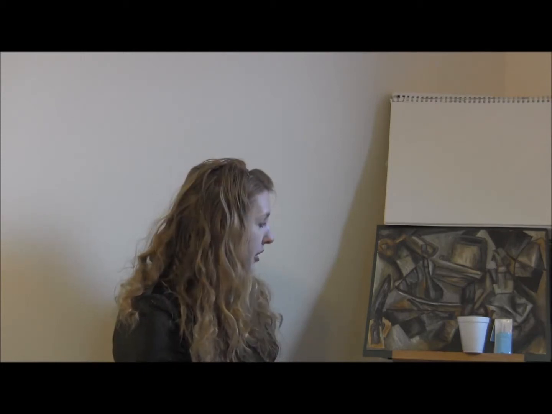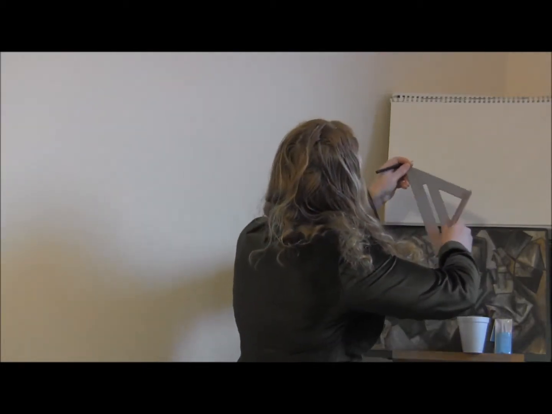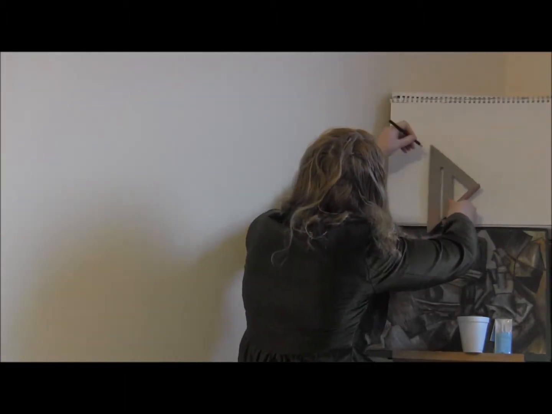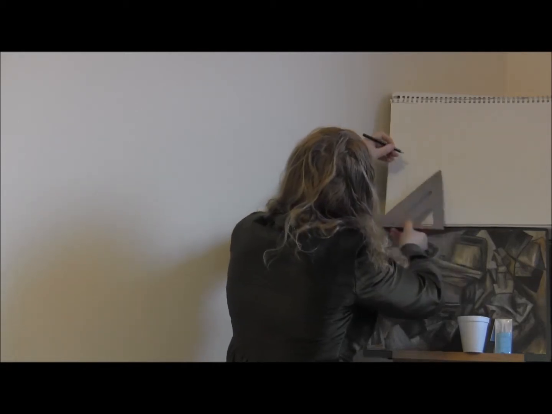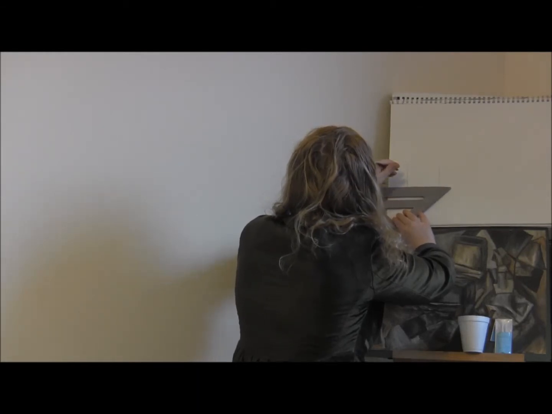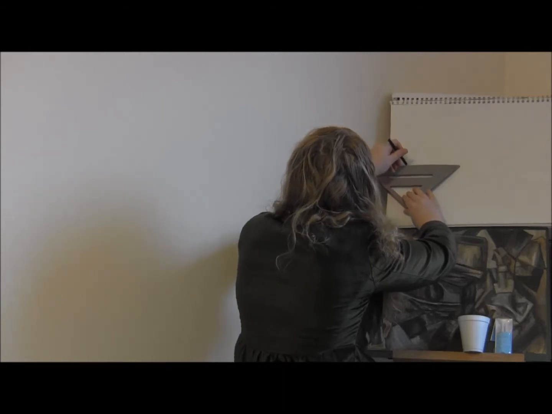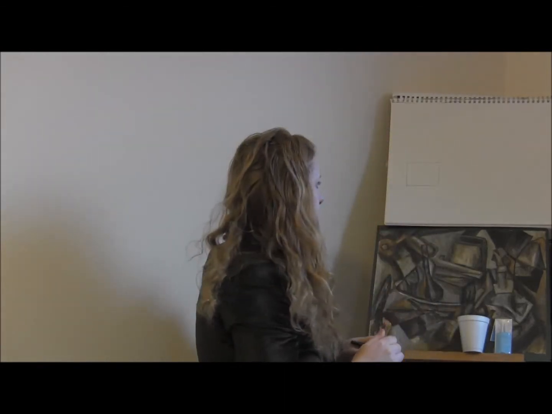So I'm going to show you in pencil how to go about drawing a cube. You start with a square. And I'm sure most of you have done this before, but it's good practice to review.